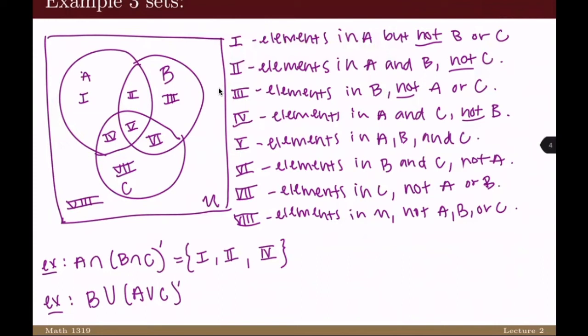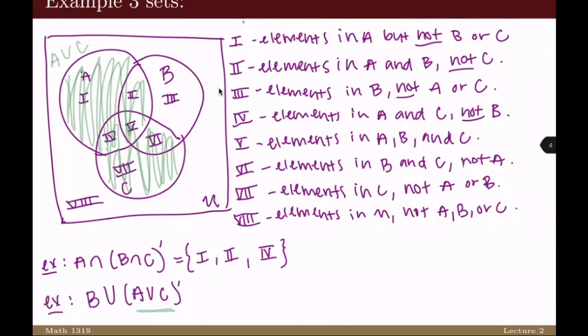What we're going to do first is find A union C. So we want everything inside of A as well as inside of C. So the green shaded area is A union C.